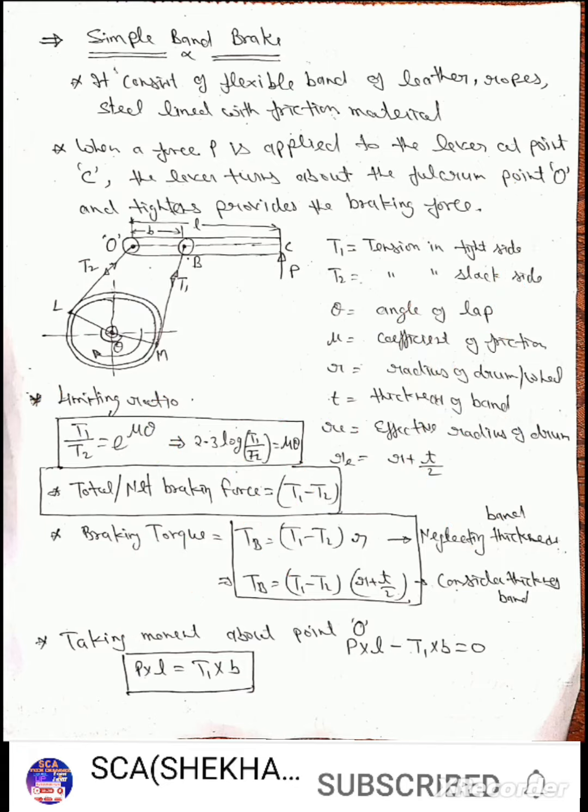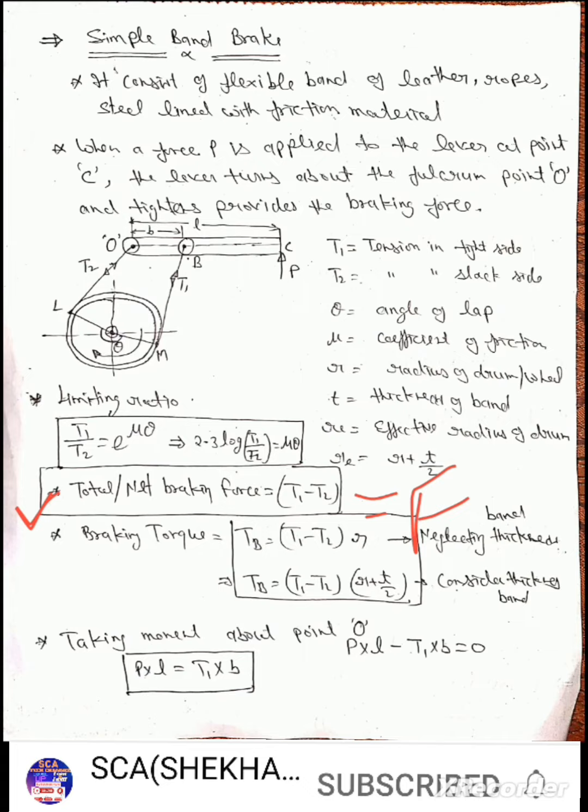Now second is the determination of the net braking force. The net braking force is simply small capital F. So T1 minus T2 is the net or total or effective braking force.